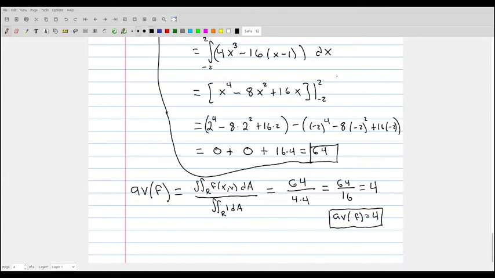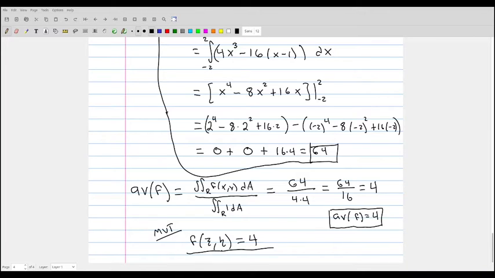Now what this means is that the mean value theorem guarantees at least one point, possibly more, such that the value of the function at that point is equal to this average value. So any point where the value of the function equals 4 satisfies the mean value theorem.